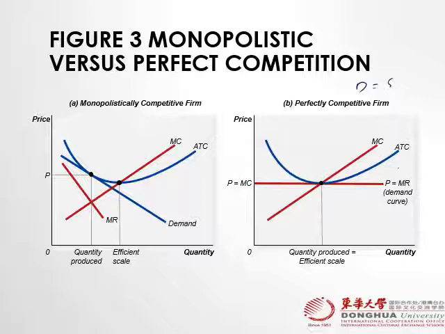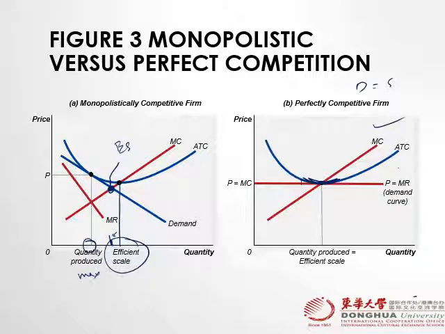The demand hits the MC here, and that point is not at the efficient scale, which is the minimum of ATC. Normally companies produce where the minimum is, so that is the efficient point, but here demand equal to supply is a little bit less than the efficient scale. Even then, the company is producing its maximum quantity here, which is less than the efficient scale.